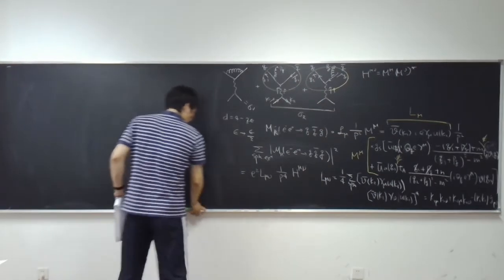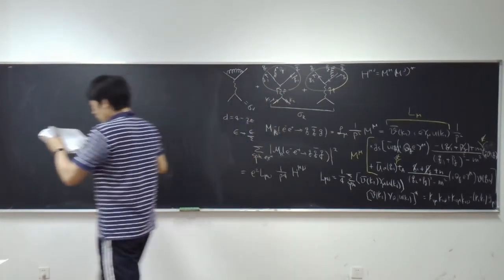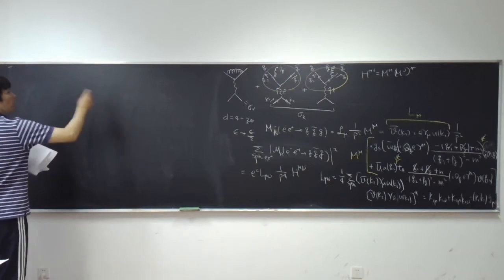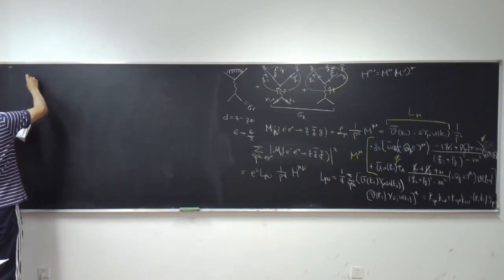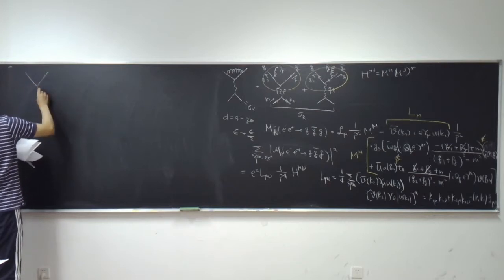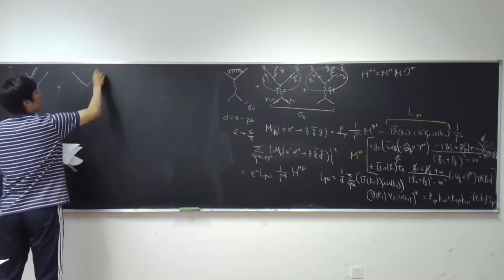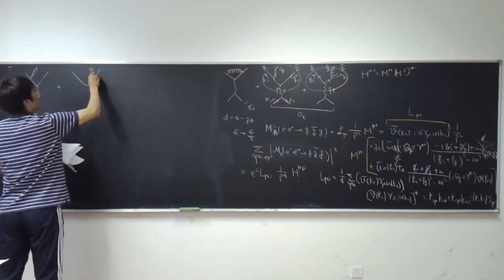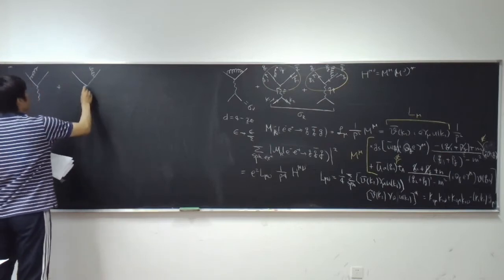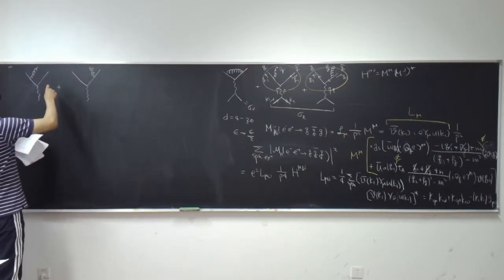Okay, so if you look at this part, you can just compare something like as follows. This one is really just using crossing symmetry.